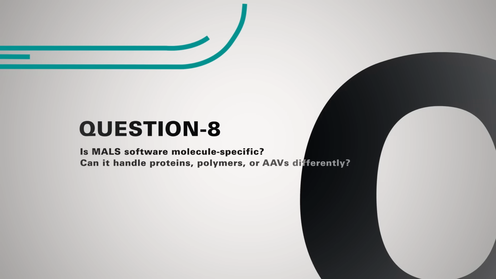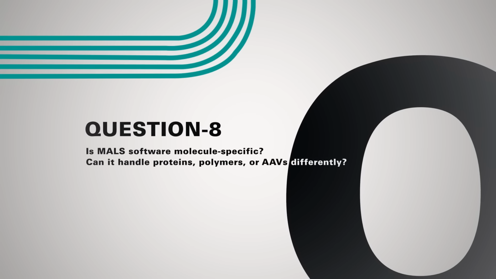Okay, but is there a specific software or any specific thing, because one thing that I know is that when I measure the molecular weight of mAb, of course there is a different way to do it, and when I measure AAV particles, a different way to do it.